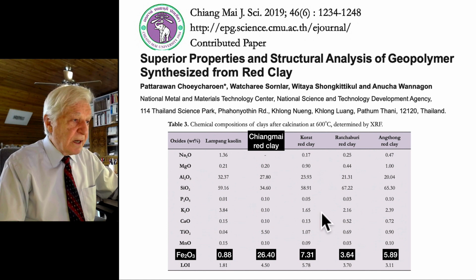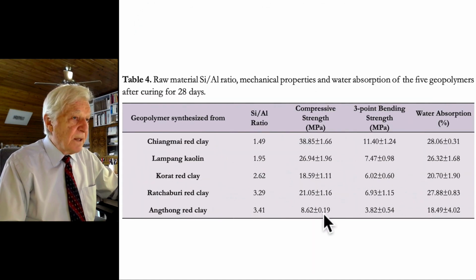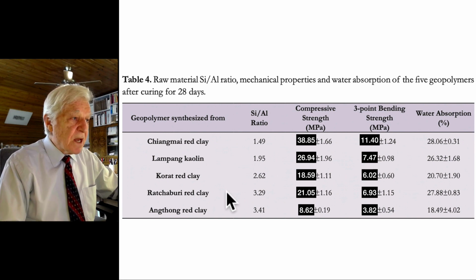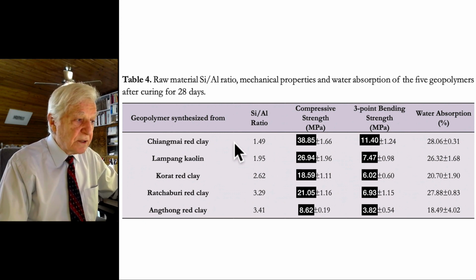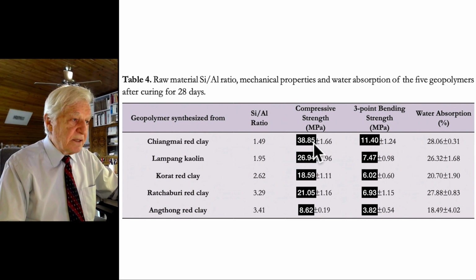They calcined the clays and transformed them into a regular sodium geopolymer, cured at room temperature for 28 days. They got the following mechanical resistance, compressive strength. Check my red clay, the one that has more than 26% Fe2O3: 38 MPa compressive strength. The metakaolin, the white one, 26, and the others 18, 21, and 8.